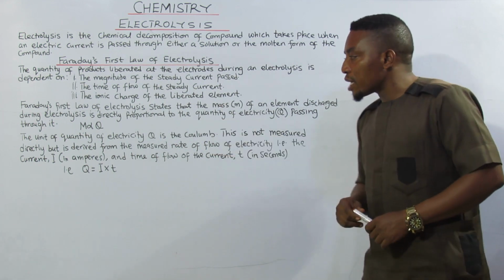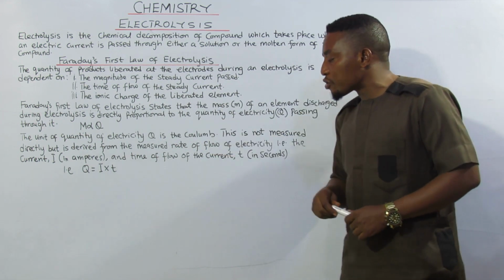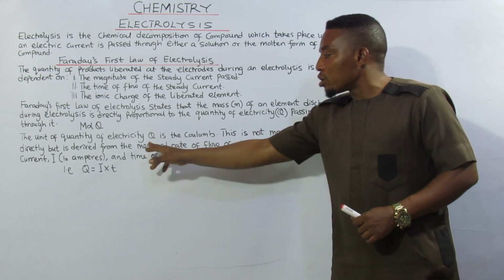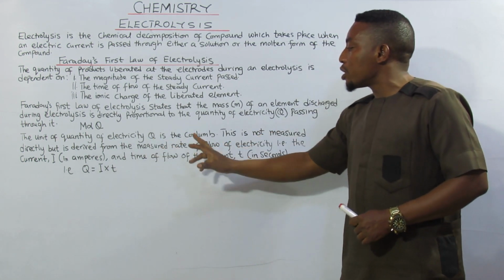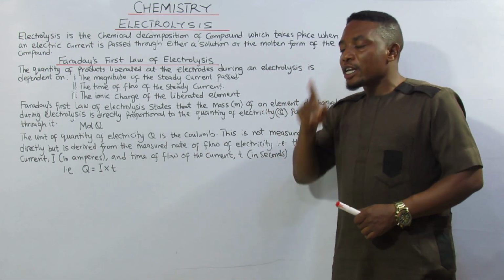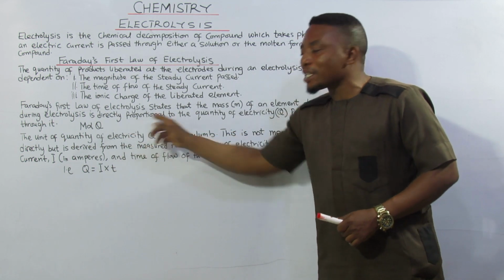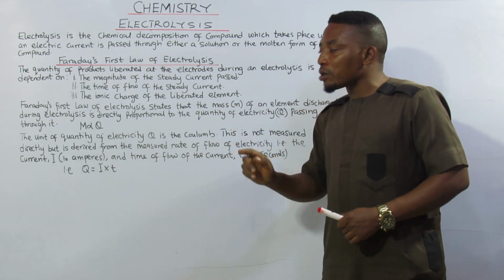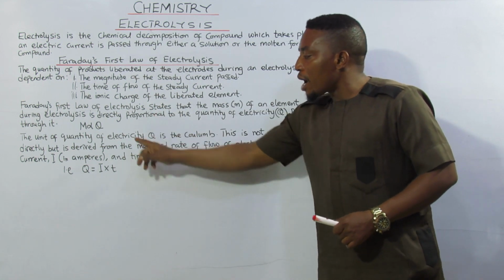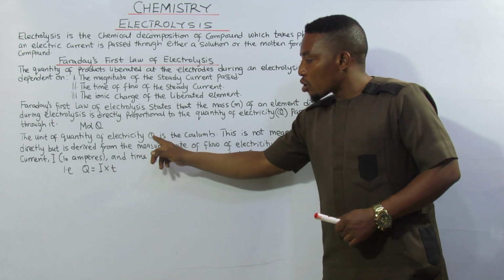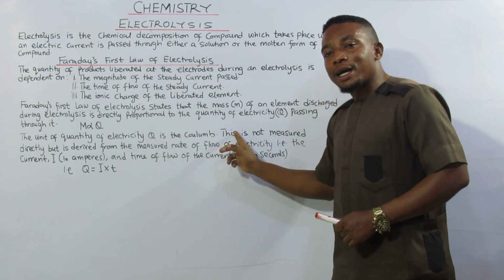So now, he said that the unit of the quantity of electricity is the coulomb. This is not measured directly. The quantity of electricity that passes through electrolysis is not measured directly, because it is denoted with coulombs, which is equal to current times time.